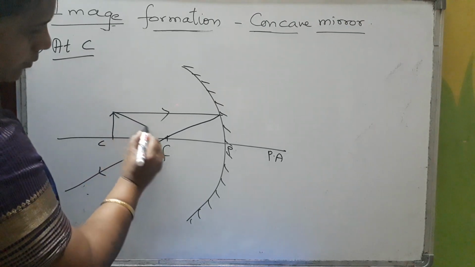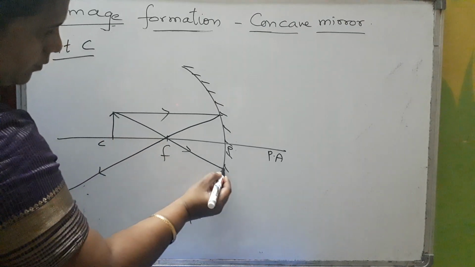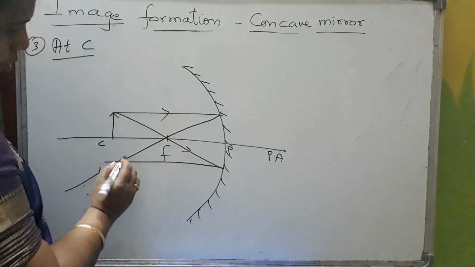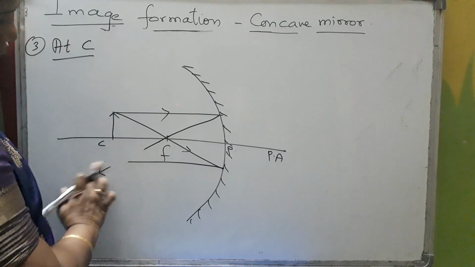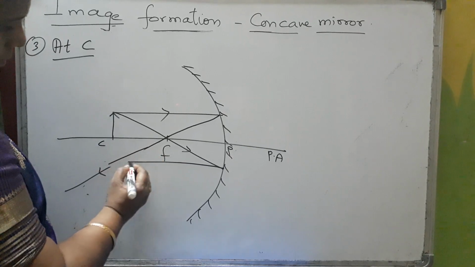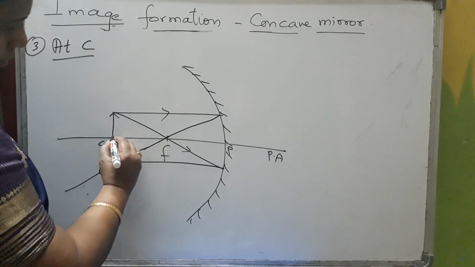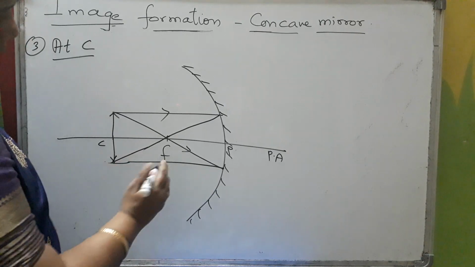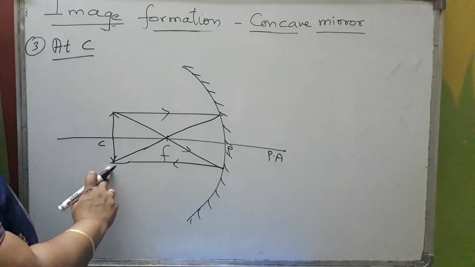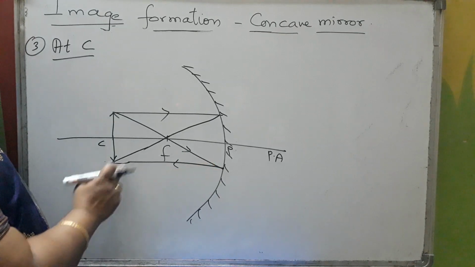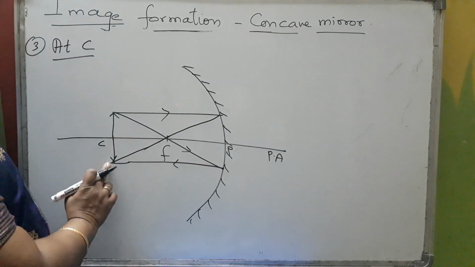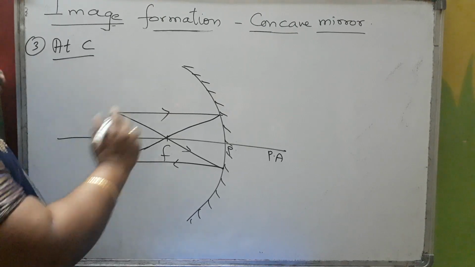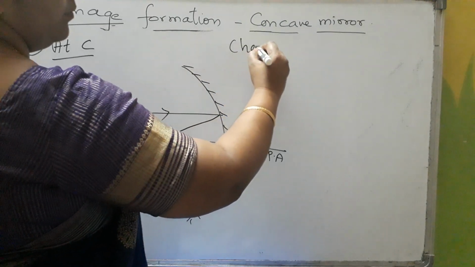Now, this is the incident ray and this is going to be the reflected ray. So, the reflected ray moves parallel to the principal axis, and at this particular position we get the image. Look at the characteristics of image, children.